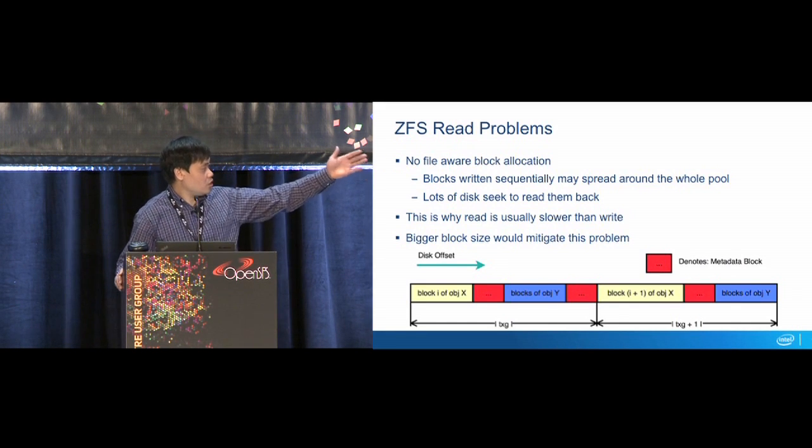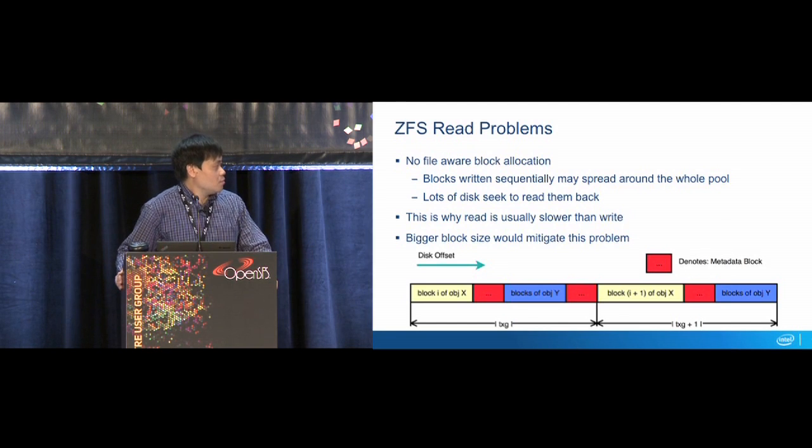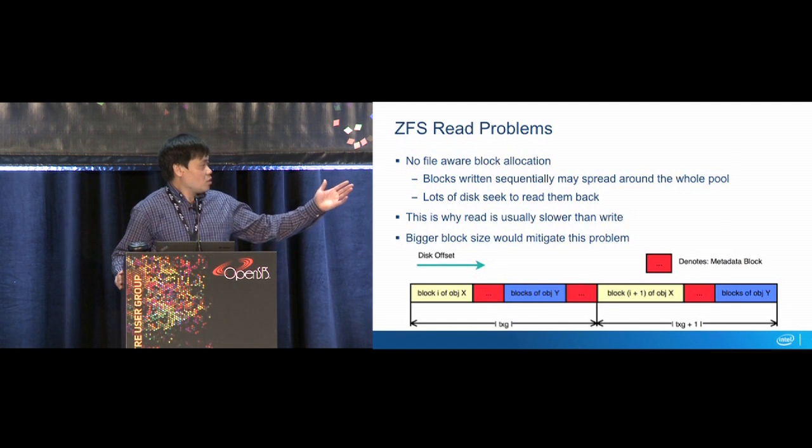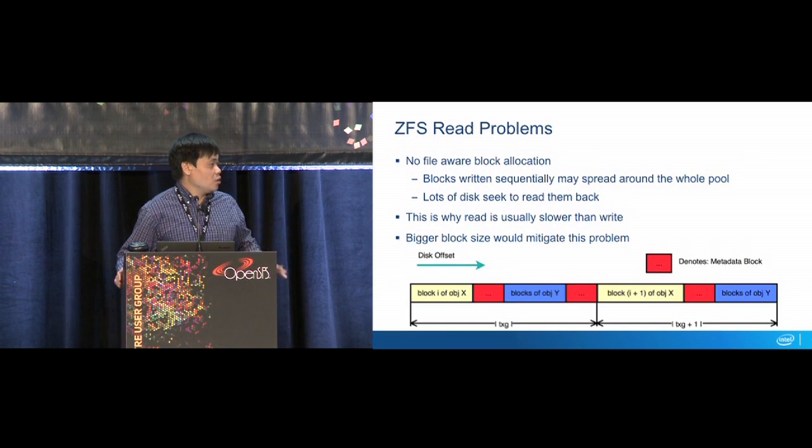You can take a look at the diagram. For example, block I and block I+1, both from object X, though at the file level they are written sequentially, because they belong to different transaction groups, there may be some gaps in between.